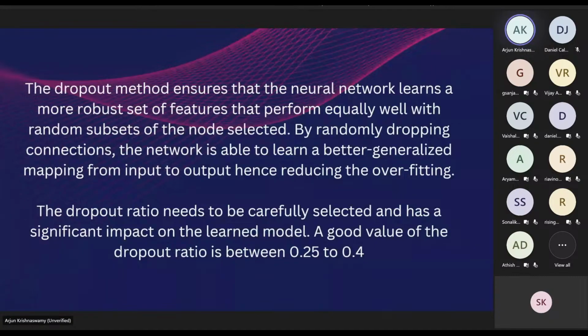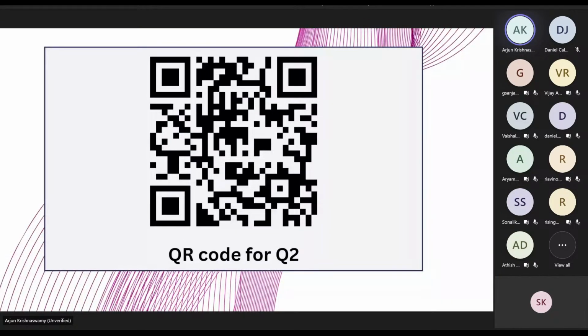Now I'll move to the next part, which is code implementation. Before I move to code implementation, you have to answer this simple Slido quiz again. It's based on data augmentation.